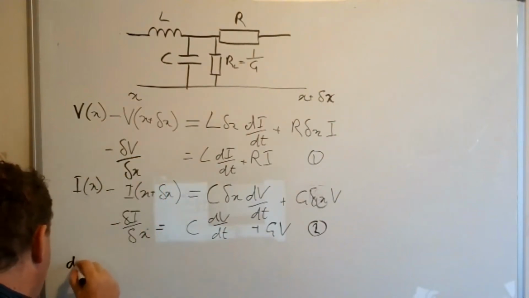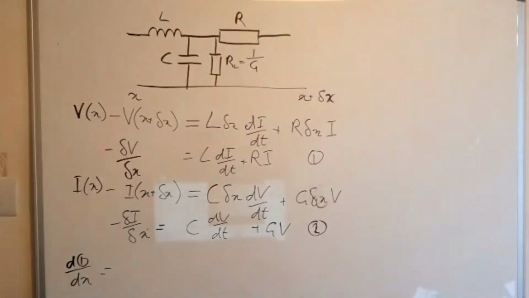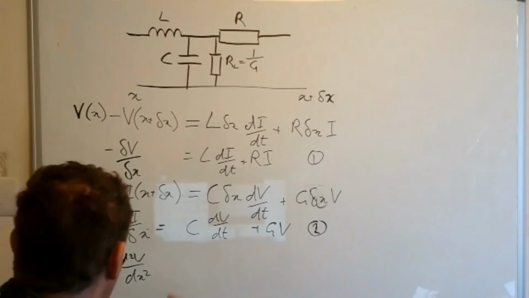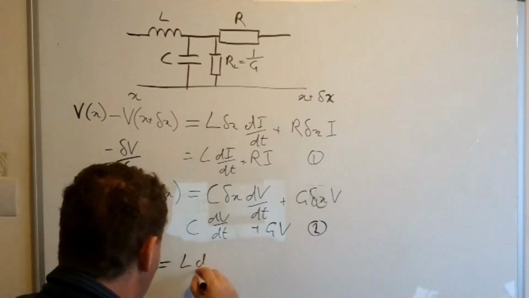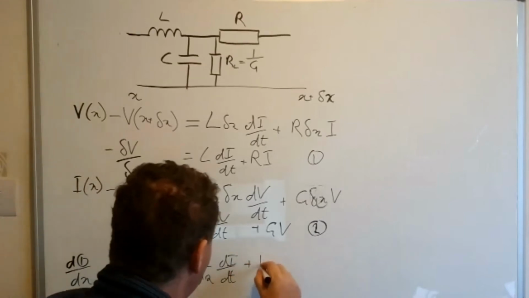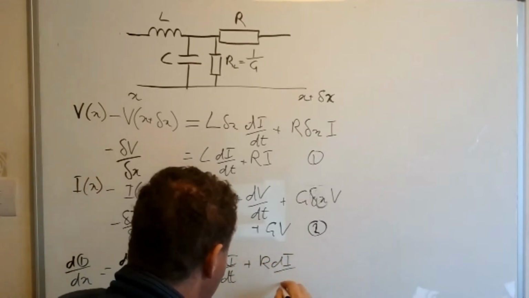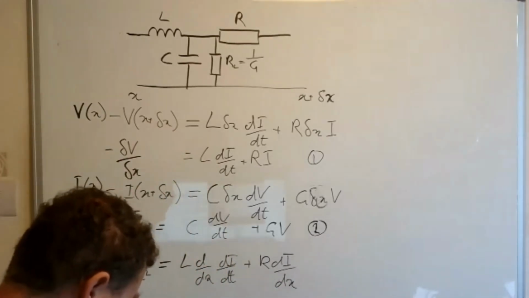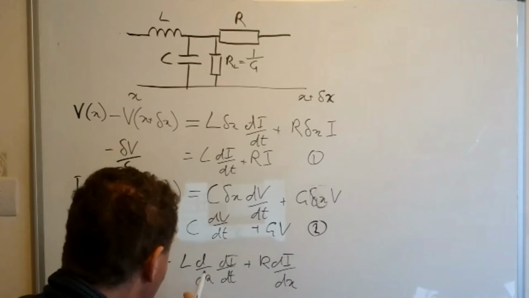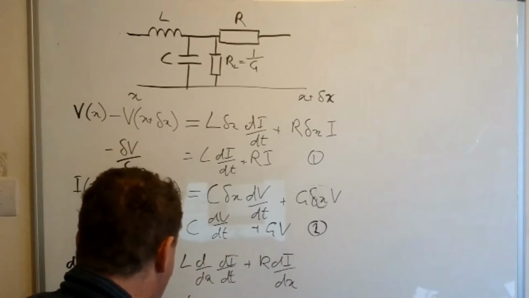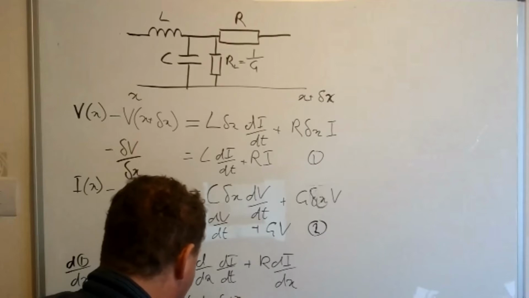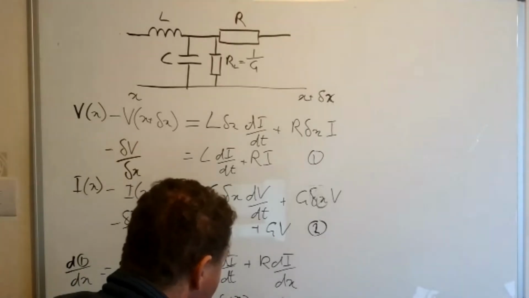So I'm going to do d by dx of that, which is equal to d2V dx squared, which is L d by dt of dI by dx plus R dI by dx.